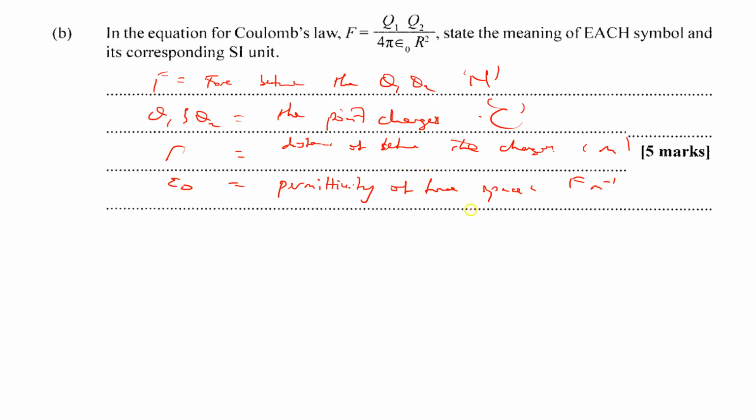It can be a little bit of a challenge sometimes to find the units for the electrical permittivity of free space, but it's farads divided by meter. Having said that, you would have scored your 5 marks if you properly identified the units and the variables. So we're kind of done with that now.